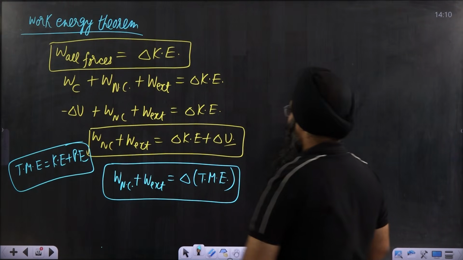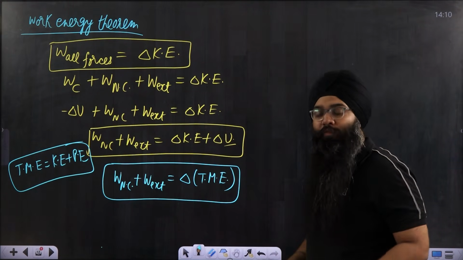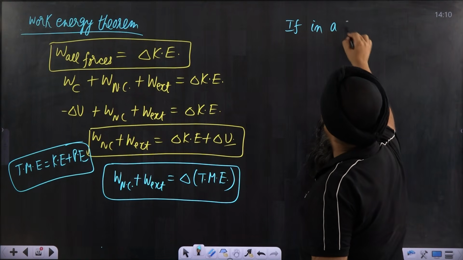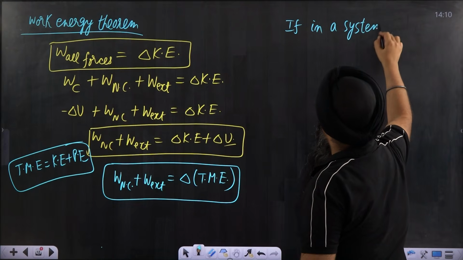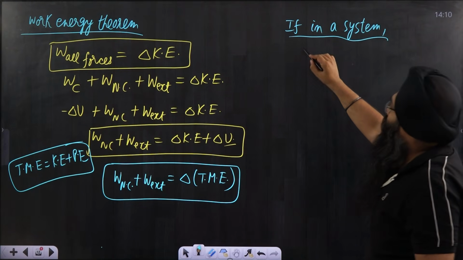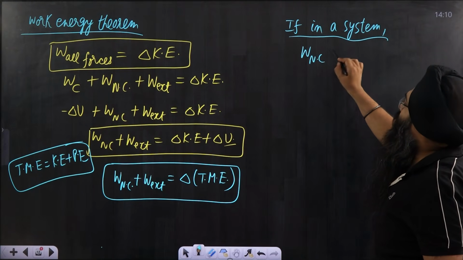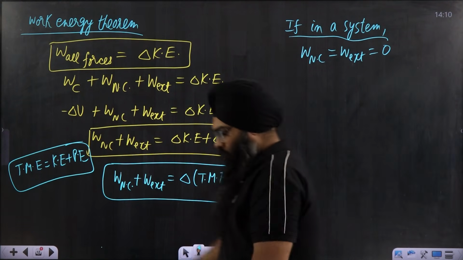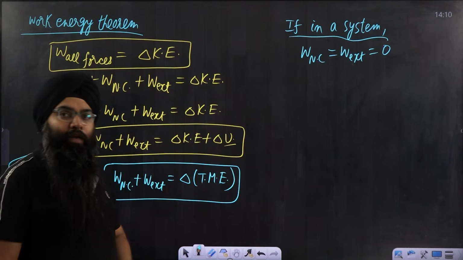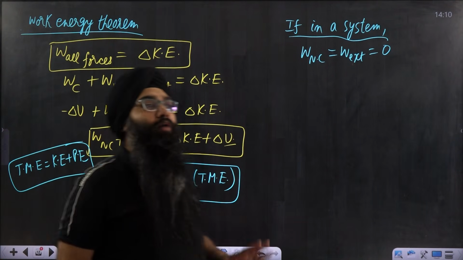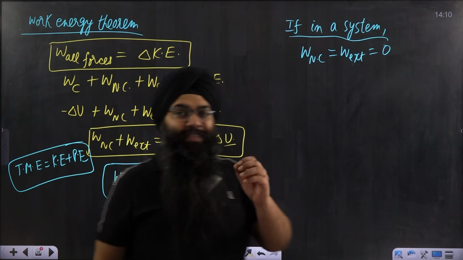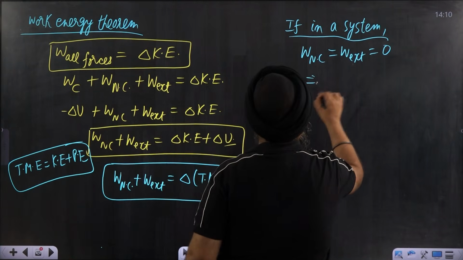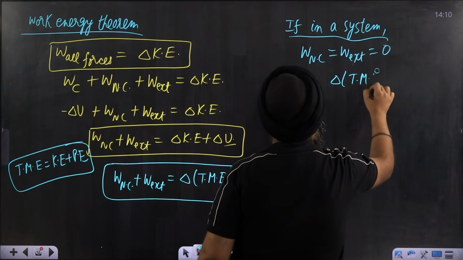Now please understand one thing. From here only I am discussing the conservation of mechanical energy also. If in a system the work done by non-conservative force and the work done by external agent is equal to 0, either because non-conservative or external agents are not present in the system, or because their work done is equal to 0, then the change in total mechanical energy will be 0.